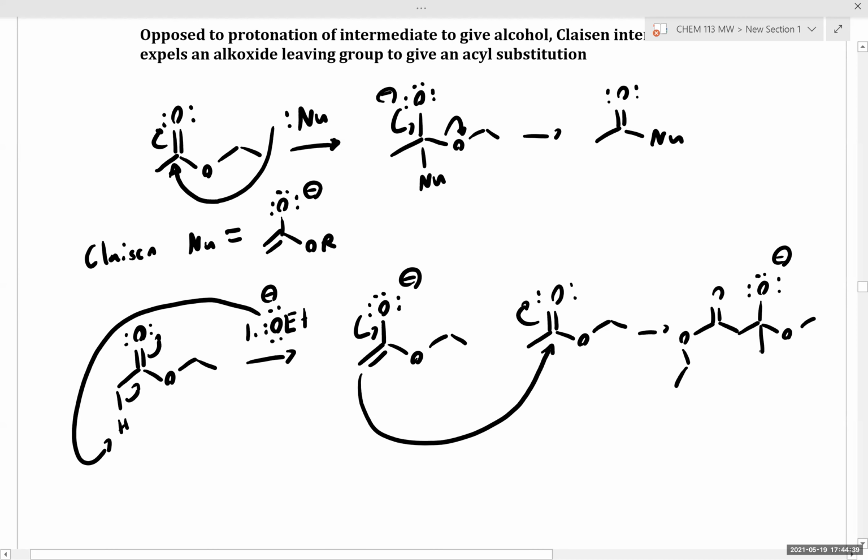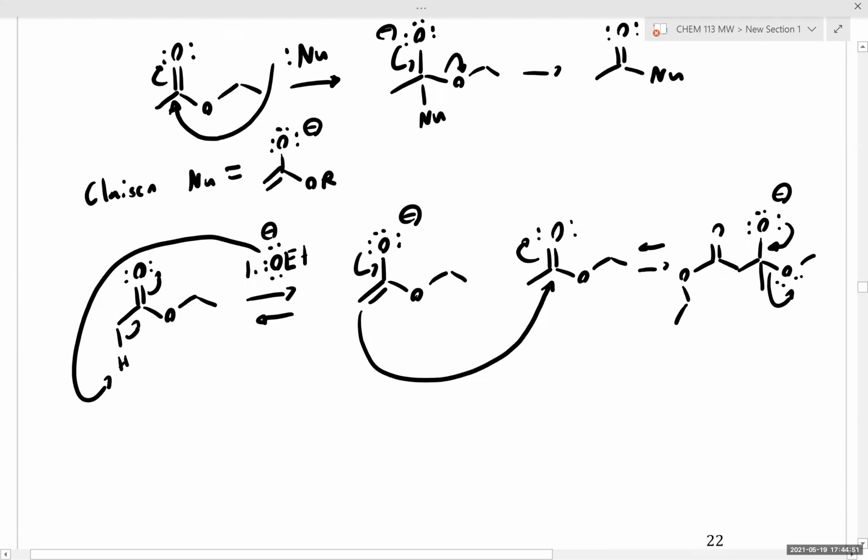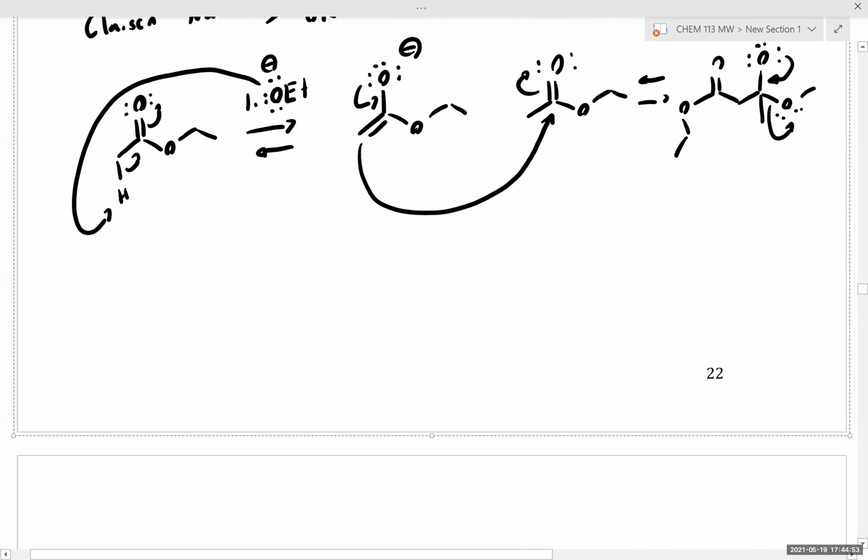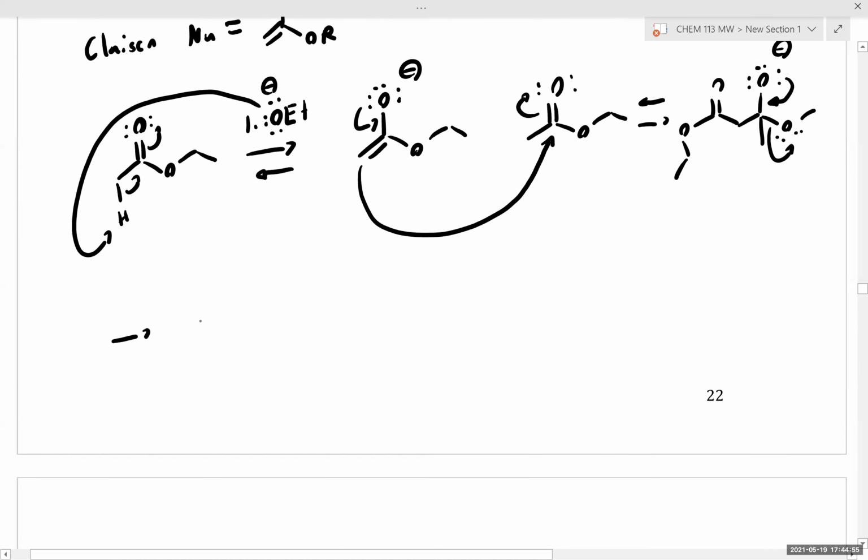Sure, the Claisen reaction is reversible. This entire process is an equilibrium process. However, the productive pathway involves kicking out our leaving group ethoxide, and that in turn gives us our desired beta ketoester.